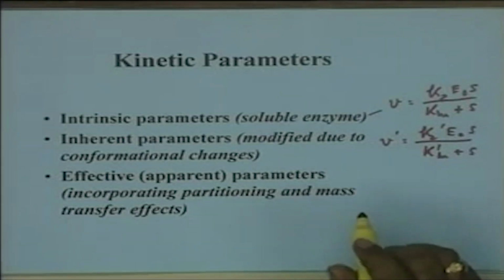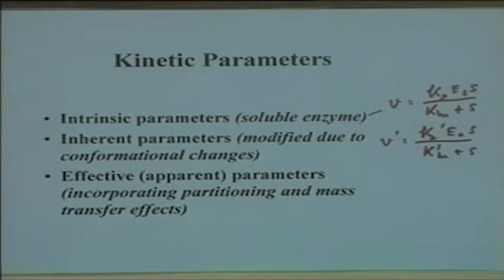On the other hand, in case the mass transfer effects are very severe, they can be totally rate limiting, that means the whole rate of reaction is controlled by the rate of diffusion. The biochemical reaction is very fast and the rate of diffusion is slow.